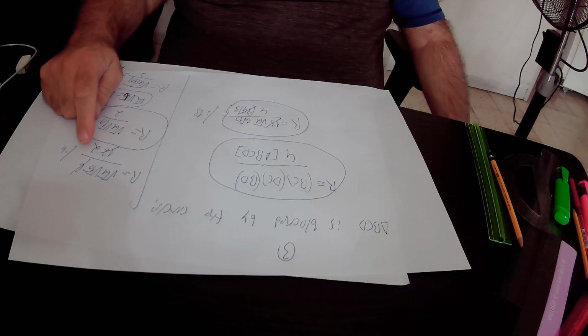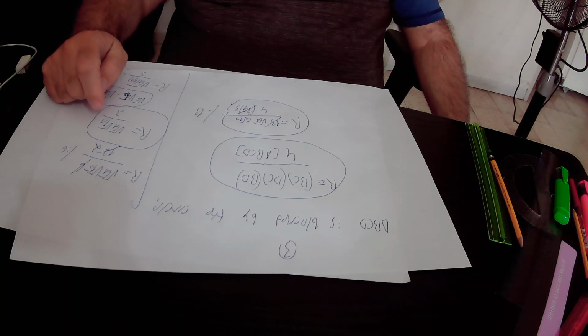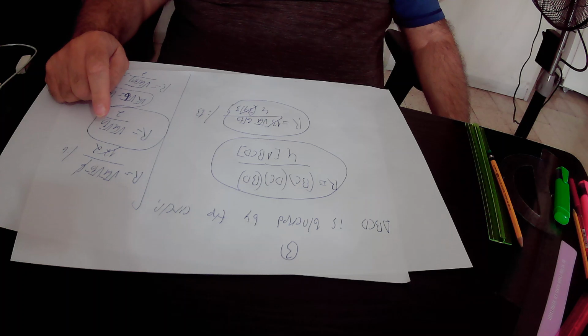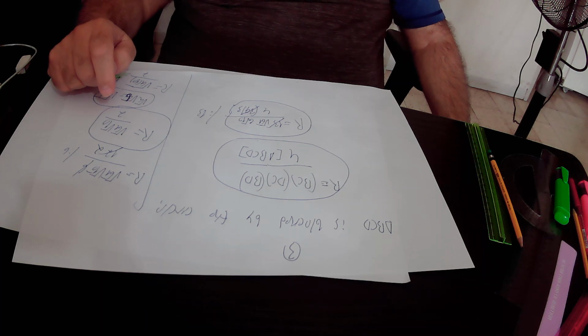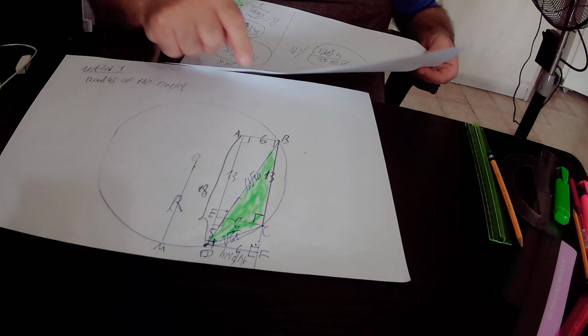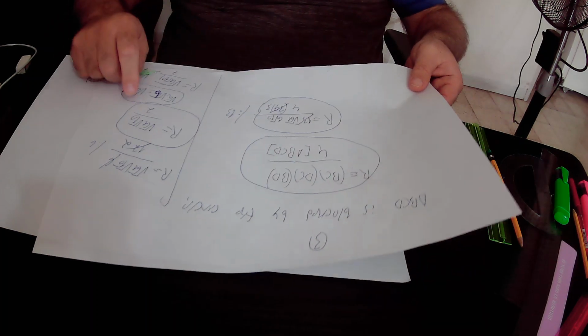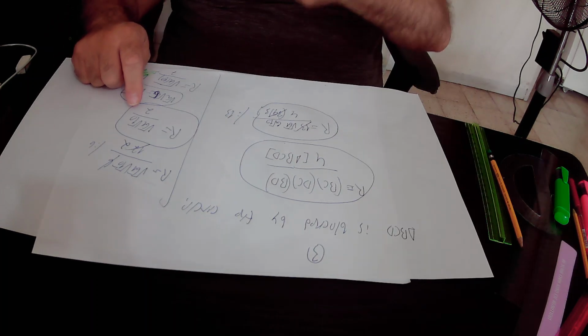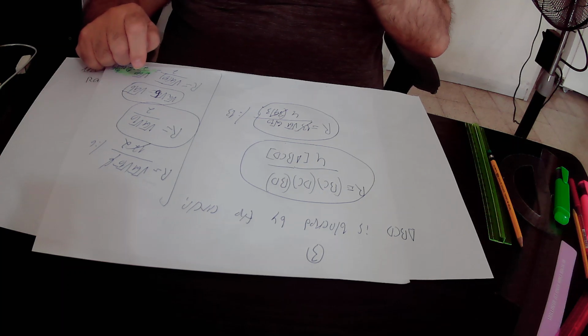In the numerator we have 6, so 6 over 6 is 1, so 6 will get cancelled. In the denominator we have in total 12, and 12 over 6 is 2, so we cancel 12, and instead of 12 we wrote down 2. So we actually found out that the radius of this circle that blocks the green triangle BCD equals the square root of 61 times the square root of 10 over 2.